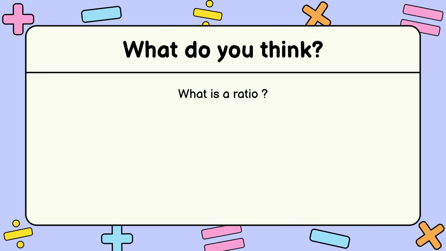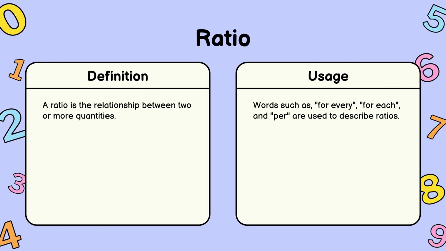So, what is a ratio? Think about it for a moment. That's right. A ratio is the relationship between two or more quantities. We use ratios to compare values.